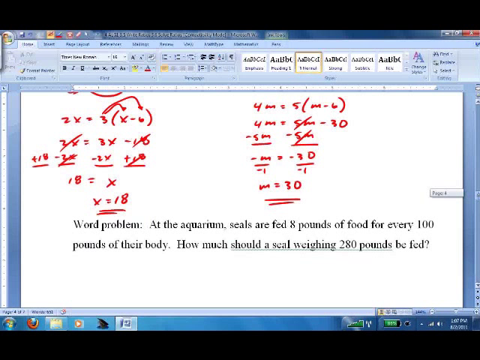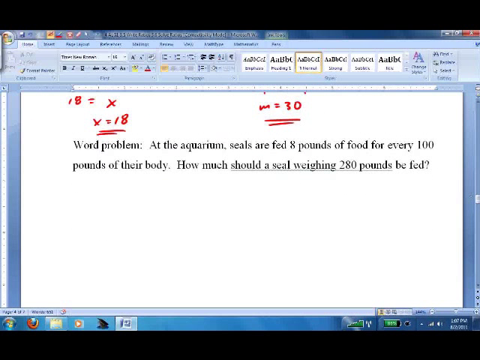That's about it. Word problem. At the aquarium, seals are fed 8 pounds of food for every 100 pounds of their body weight. So it's 8 for every 100. And I think I'll call this body weight.